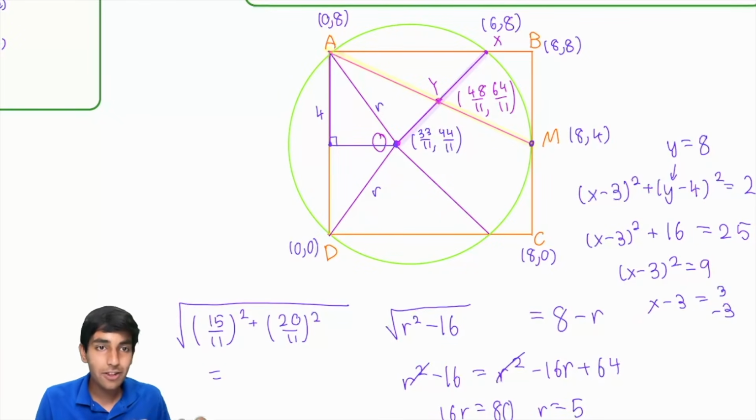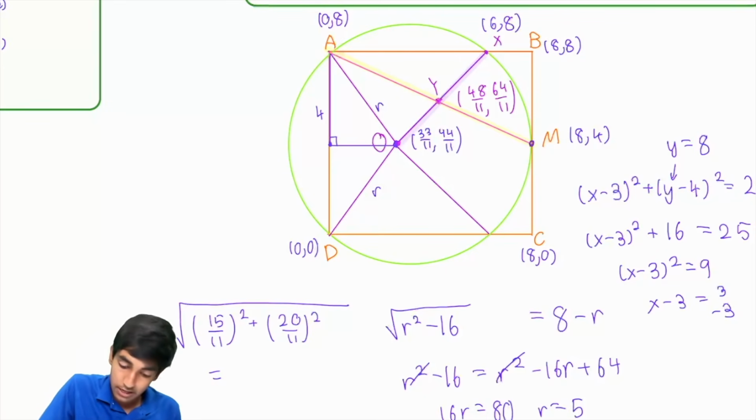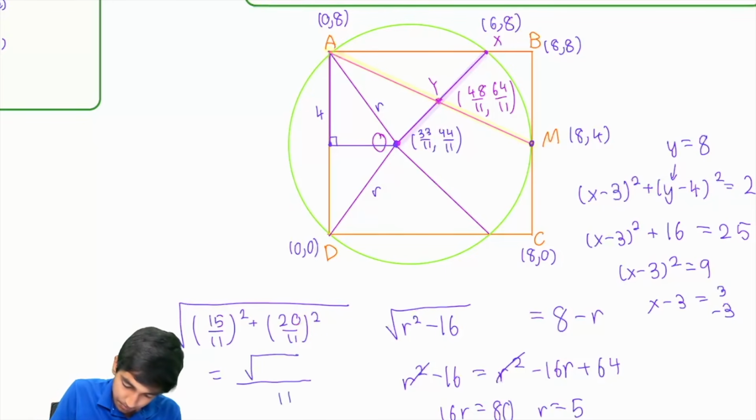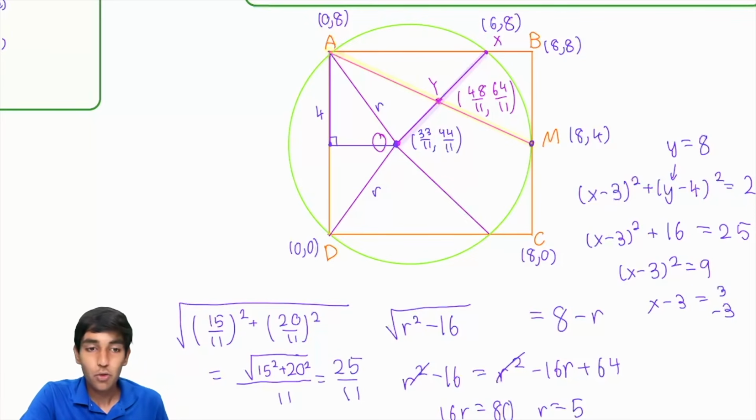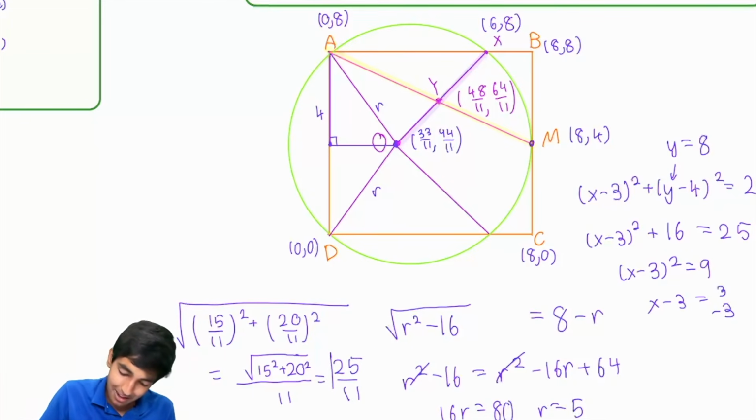Well, we can do this manually, or we can notice that 15, 20, 25 is a Pythag triple. You can factor 11 from the bottom, and 15, 20, 25 is a Pythag triple, so this is just 25 over 11. So 25 over 11 is the answer to this problem.